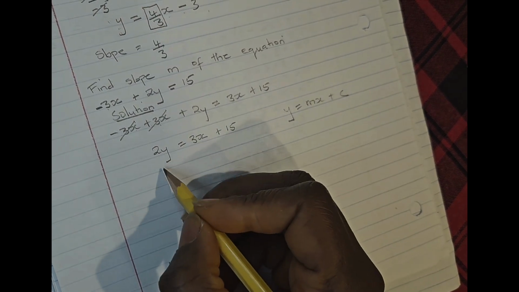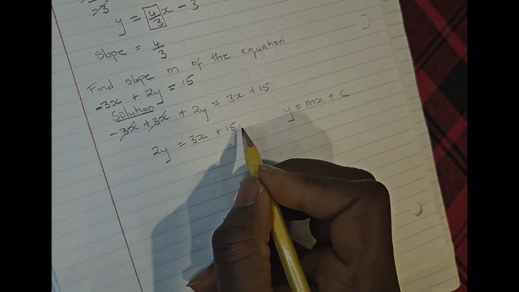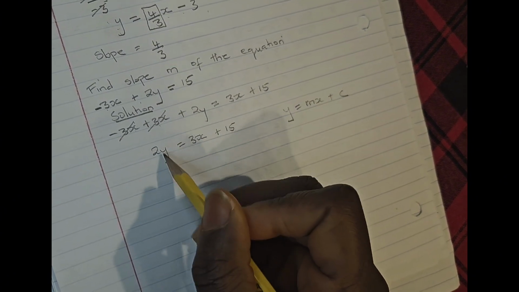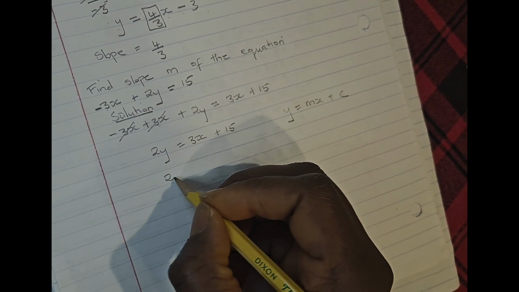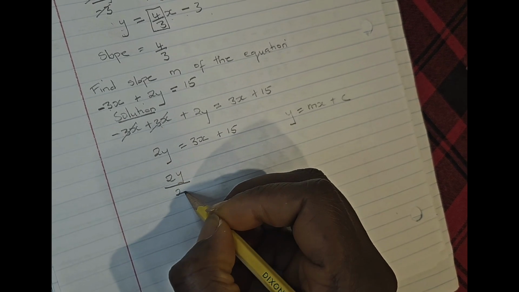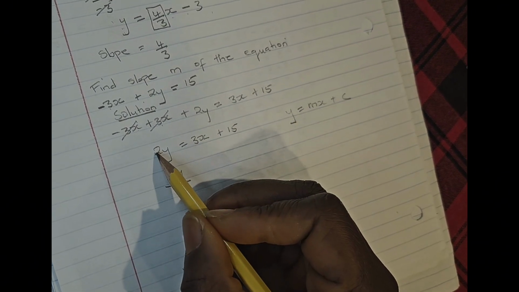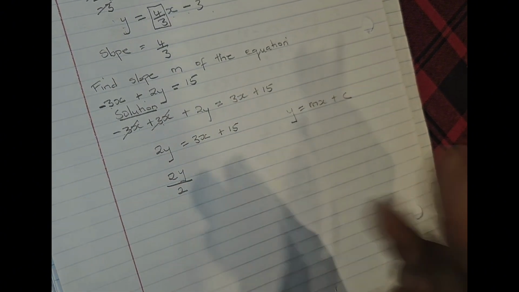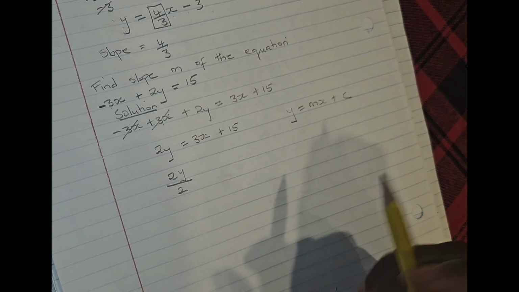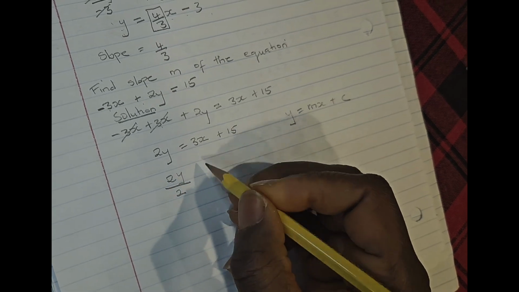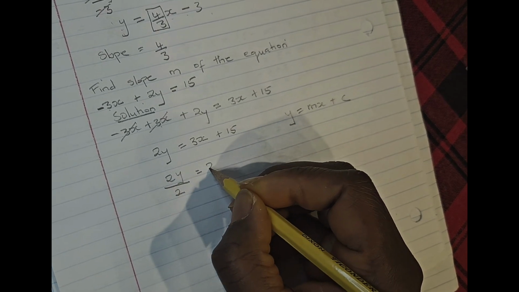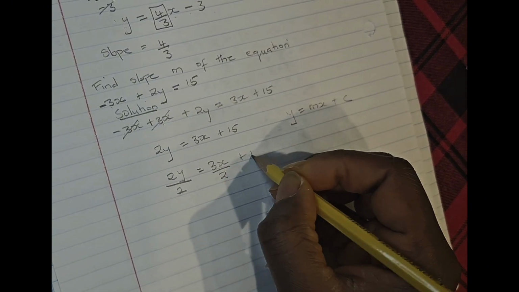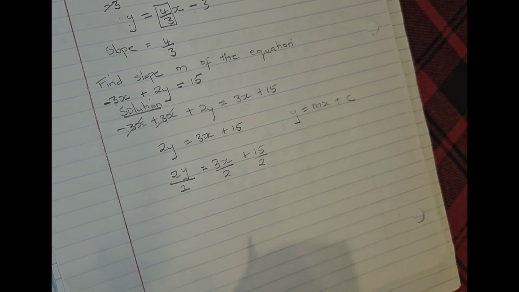So the next thing I have to do is divide every term here by 2. So I'll have 2y divided by 2. Mind you, if this 2 was minus, I would be dividing by minus that number, because I want to make y stand alone without any negative sign. Equals 3x divided by 2 plus 15 divided by 2.